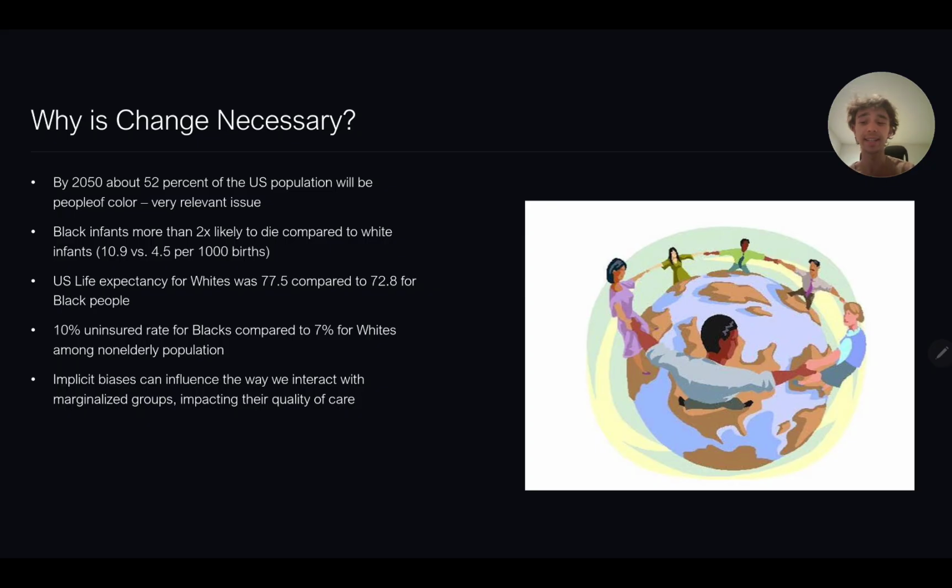And then some other statistics include Black infants being more than 2 times as likely to die compared to white infants: 10.9 compared to 4.5 per 1,000 births.